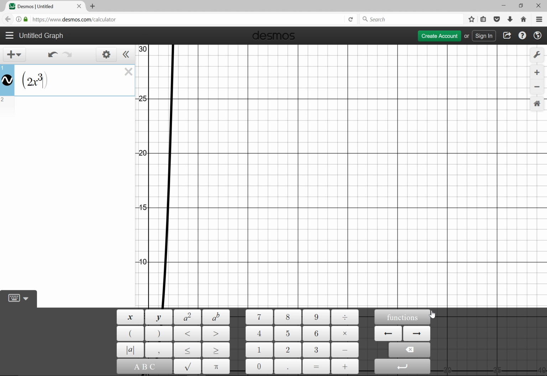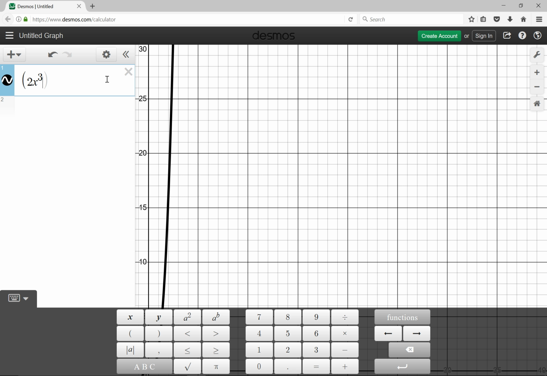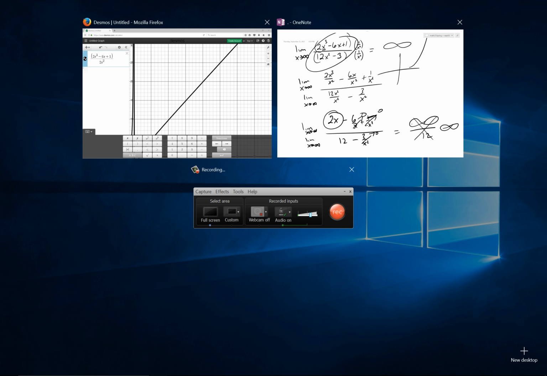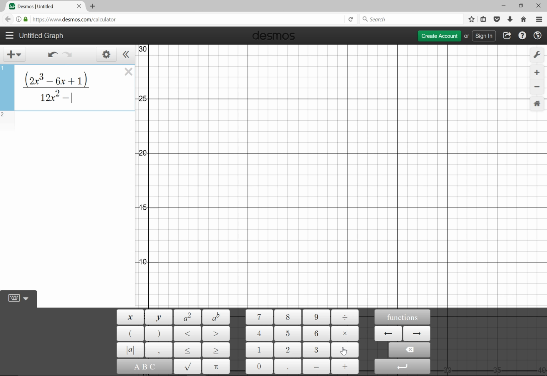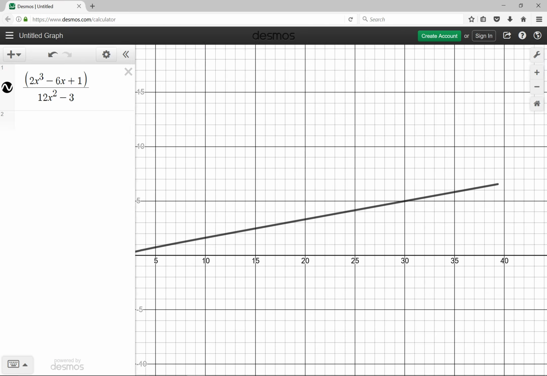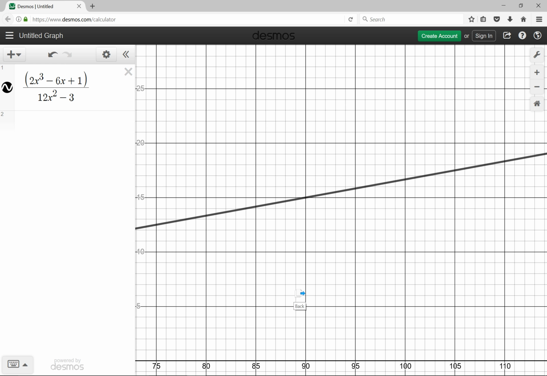So 2x cubed minus 6x plus 1 divided by 12x squared minus 3. Again, I don't know what's happening over here around 0. I don't care. But look what happens as x goes to infinity. This baby is going up and it's never coming back.